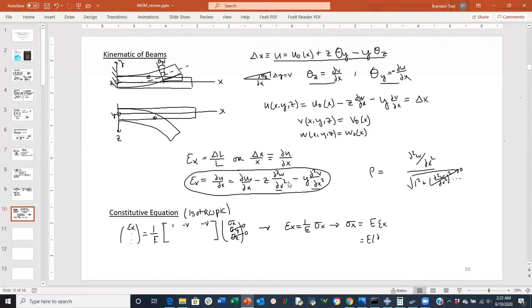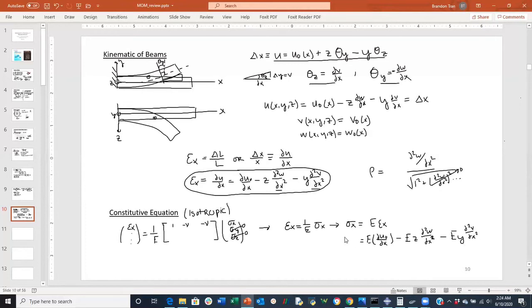This equation that we've established up here gets substituted here, so x, minus E times z d squared w dx squared, minus Young's modulus times y squared v dx squared.